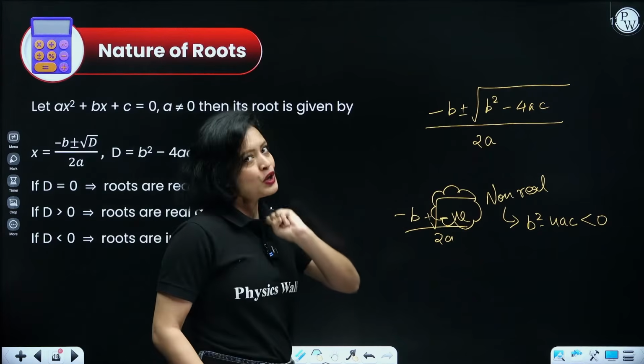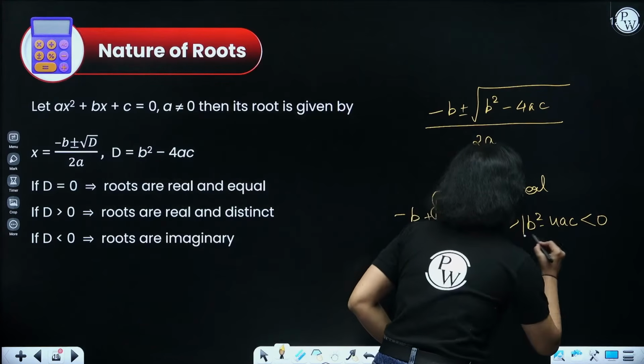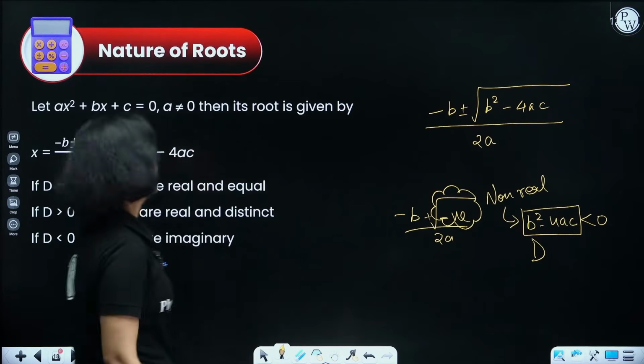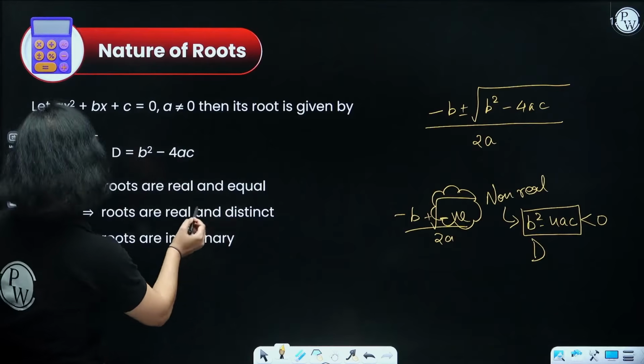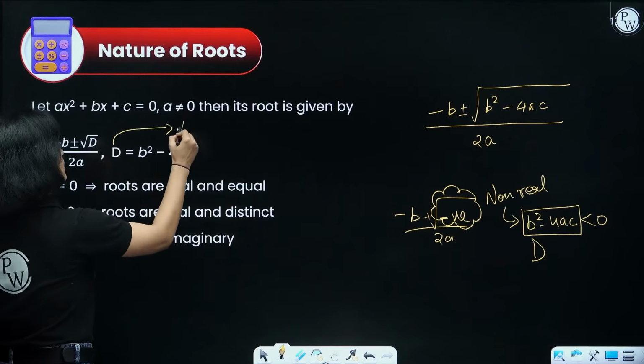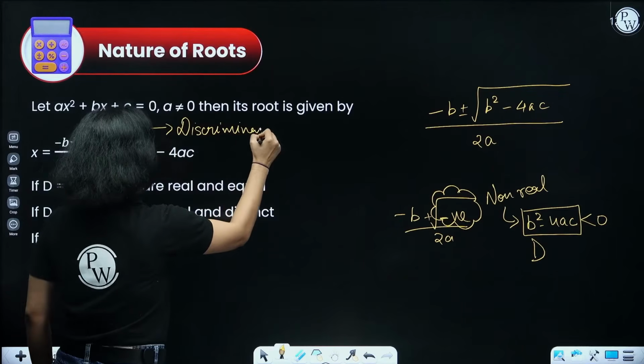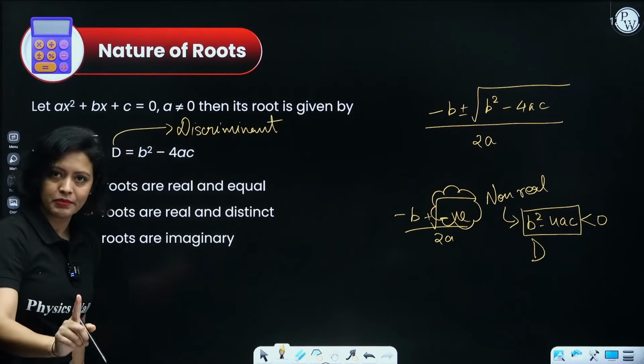Now, good for you that they have named this entire thing as discriminant. Discriminant, right? So here they have not written the word, no worries. So what is discriminant?